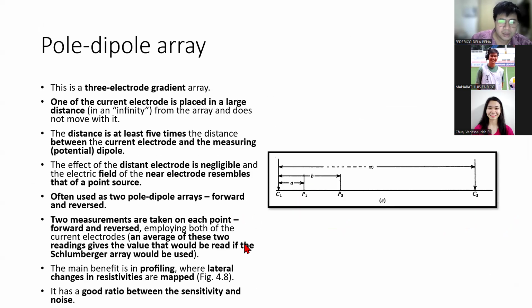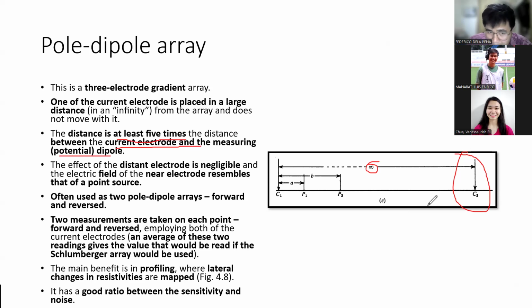Okay, so again, in here the second current electrode is very far away, and this is at least 5 times the distance between the current electrode and the measuring potential dipole.